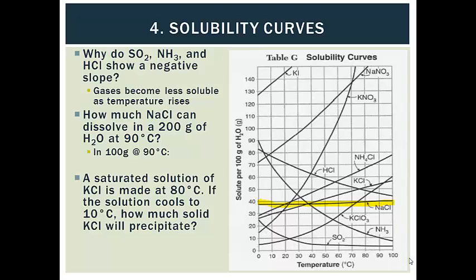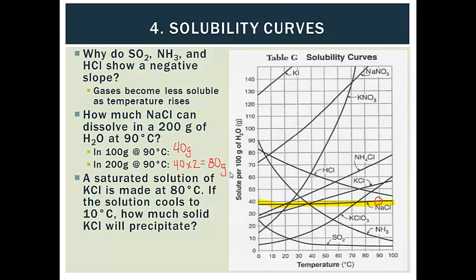At 90 degrees, we can dissolve 40 grams. That's how much I can dissolve in 100 grams. If I had 200 grams, it's just going to be twice what I could in 100 grams. So 40 times 2 is going to give me 80 grams.